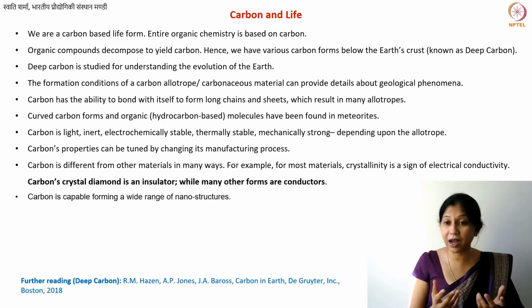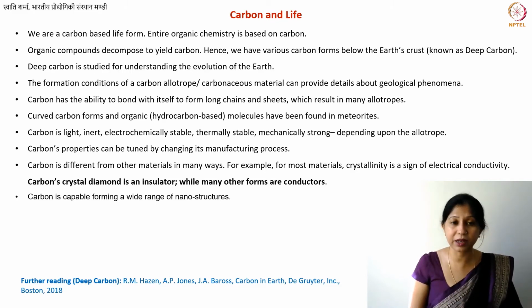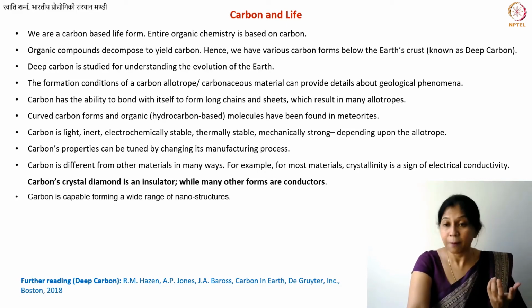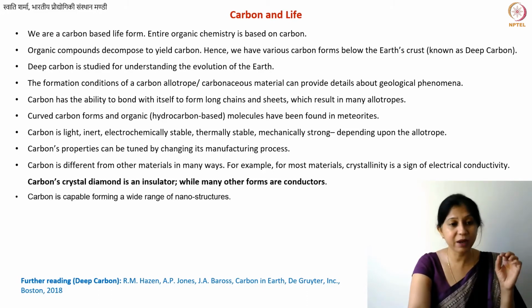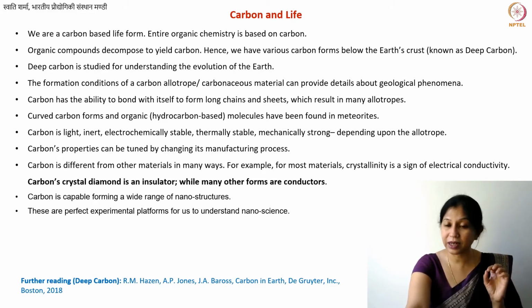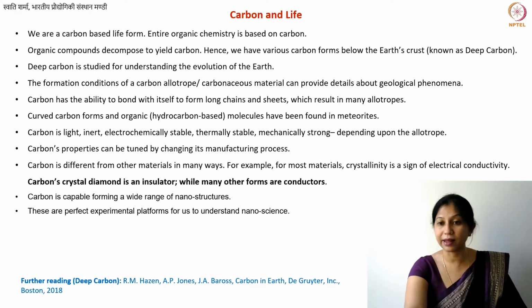So carbon can form a lot of nanomaterials, and that is the reason people nowadays study carbon so extensively, because we think about nanotechnology. We are trying to find applications of nanomaterials. Now we are also able to characterize them and understand their properties, and all of these things are very easy using carbon, because carbon is able to form a lot of very interesting nanoscale structures, or in bulk you can call them nanomaterials.